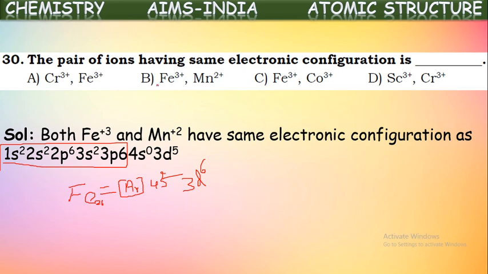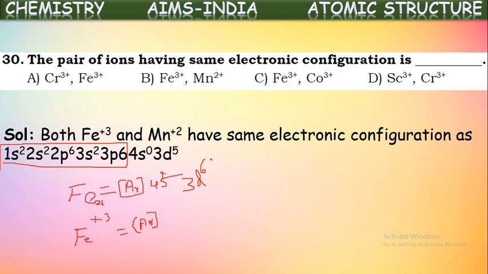Now here it is mentioned Fe3+. That means 3 electrons are removed. Let us write the electronic configuration of the Fe3+ ion with 23 electrons, because iron has 26 electrons and Fe3+ means 3 electrons lost. So argon we write for the 18 electrons.